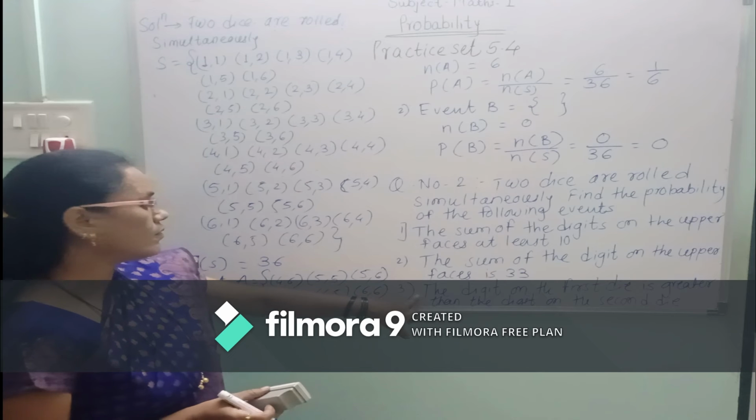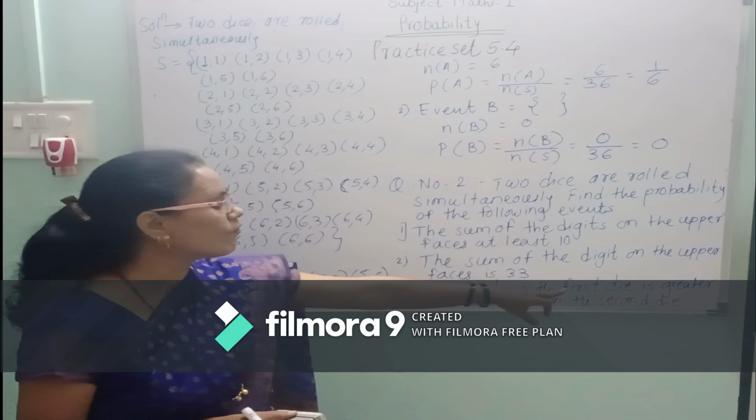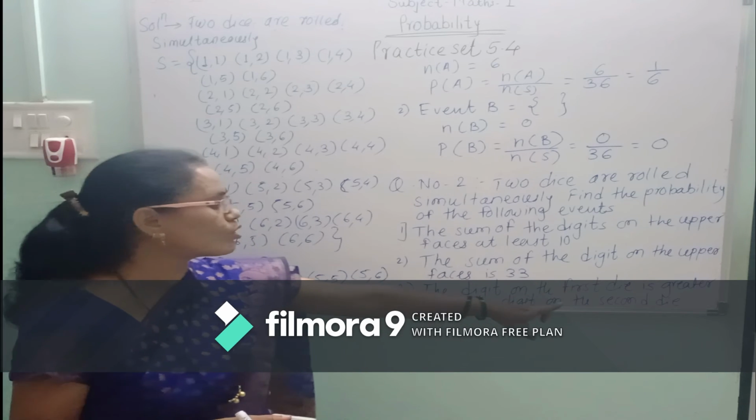Then the third event: the digit on the first die is greater than the digit on the second die.